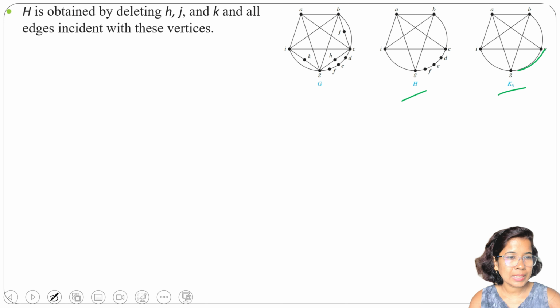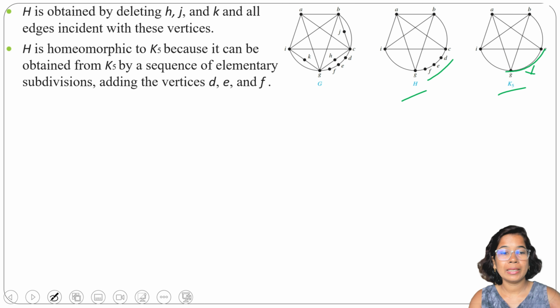This CG edge we can remove, and we can add all these vertices and connect. So H can be obtained by doing elementary subdivision in K5, so H and K5 are homeomorphic. We found H is homeomorphic to K5 as we can obtain H by a sequence of elementary subdivisions on the CG edge.